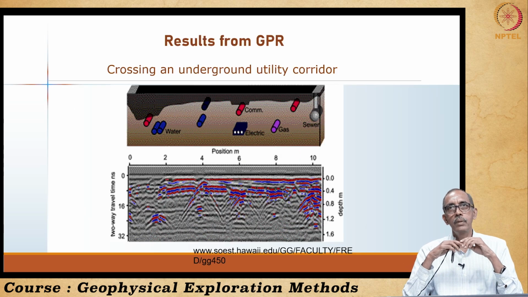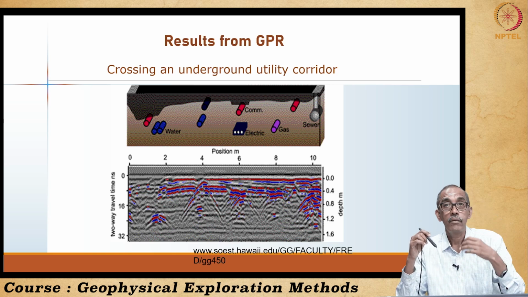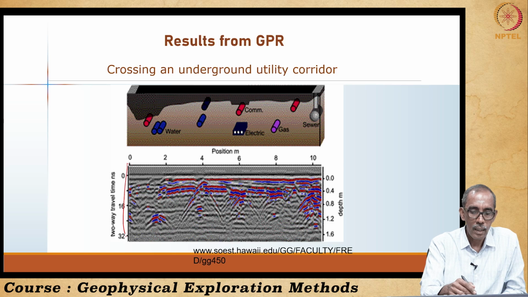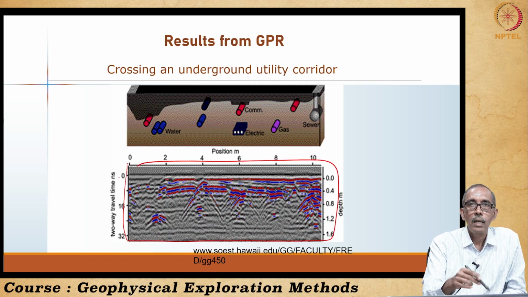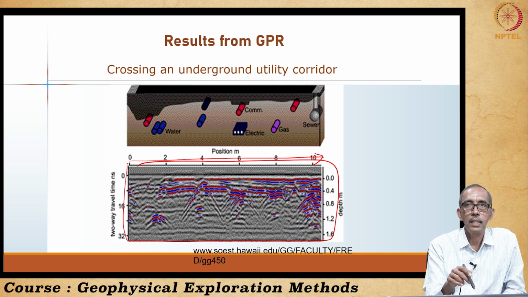And here are some results of ground penetrating radar. In this example, they have used ground penetrating radar to bring out the underground utilities, right. This is the cross section which we have monitored, right. Perpendicular to that, there are several utilities passing through.